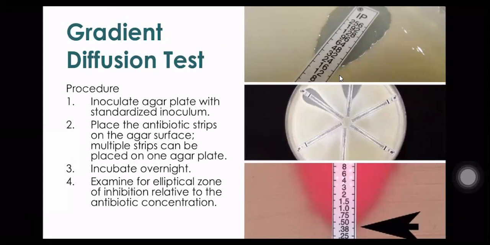In this second picture, we are using 6 discs, which signify 6 different antibiotic discs with different concentrations. Next, we incubate overnight and then examine the elliptical zone of inhibition relative to antibiotic concentration, where the zone of inhibition intersects the strip.